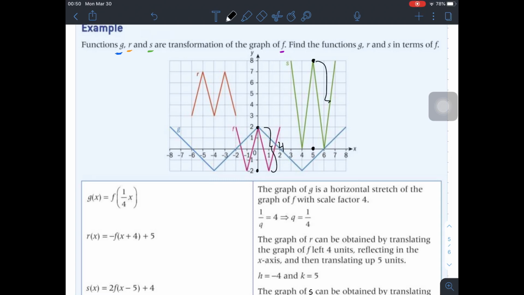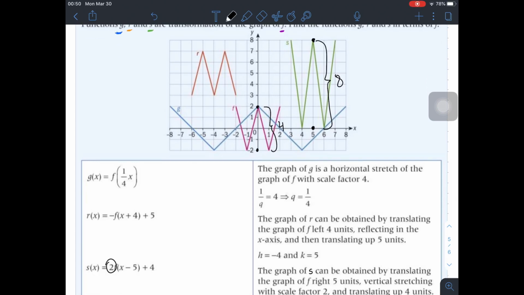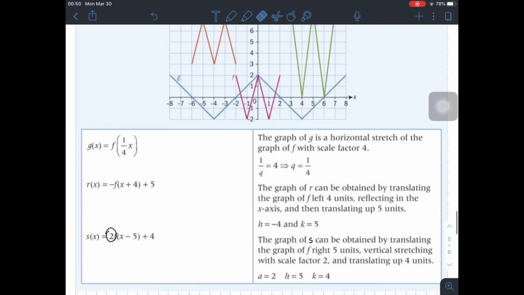So there's a distance of 4 here, while there's a distance of 8 here. So that means that all of the values of the W are doubled, right? That's why we have the 2 over here. All of the values double.